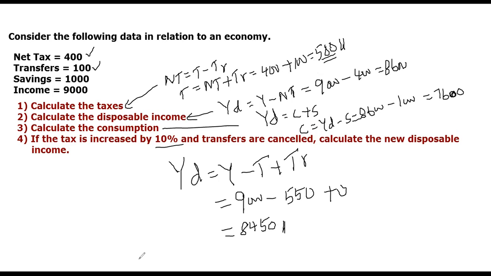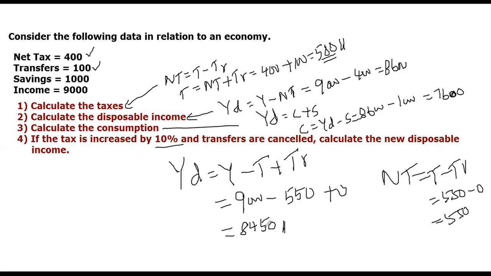Okay, now the fourth one, YD is equal to Y minus T plus TR. So 9,000 minus 550 plus 0 is 8,450. In case the net tax is asked for the last one, T minus TR. What is T? 550. TR is 0. So what is the net tax? 550.